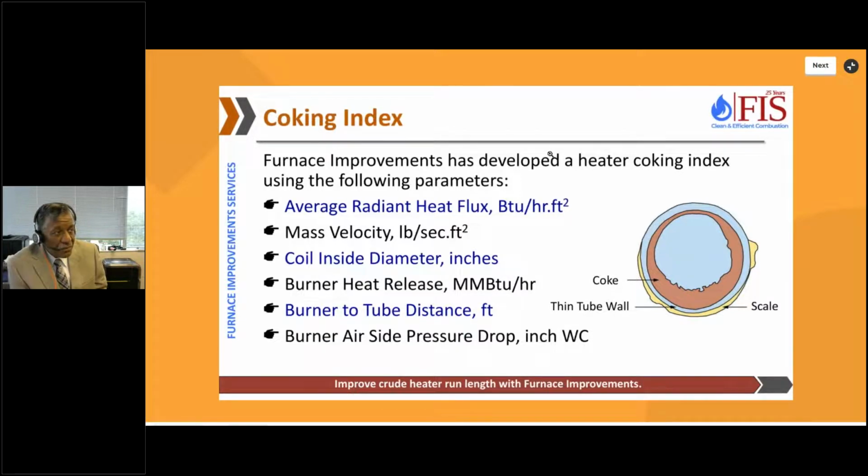And basically, these 6 parameters can tell you, even before you're buying a heater, whether it is going to be coking or not, or how fast it will be coking compared to other designs. So we are still looking at it, but if you have a heater and you're having coking issues, you can send it to us. We can evaluate and tell you what the coking index for this heater is and how you can reduce the coking.